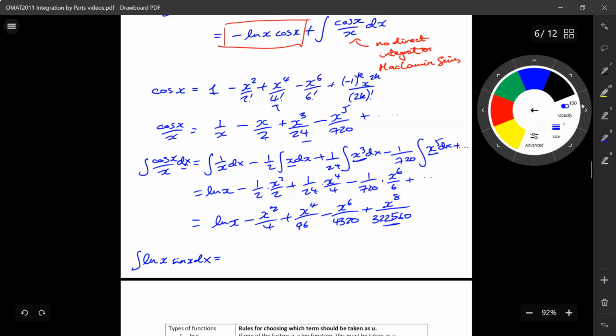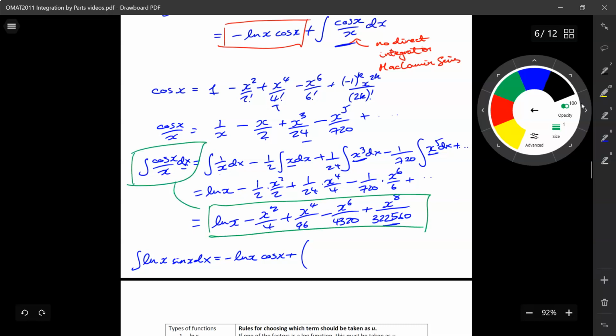So it's minus the log of x times the cosine of x plus, and then I can just open up a bracket and I can insert everything in here in place of the integral of cosine of x over x dx. So if I just take everything here, it's the log of x minus x squared over 4 plus x to the 4 over 96 minus x to the 6 over 4320, and so on.